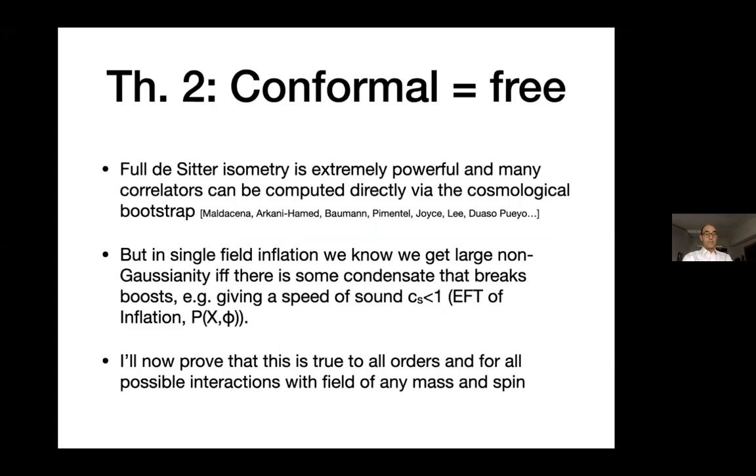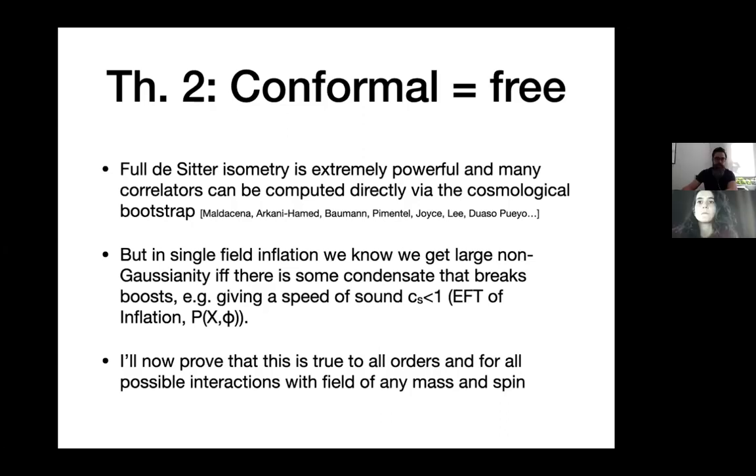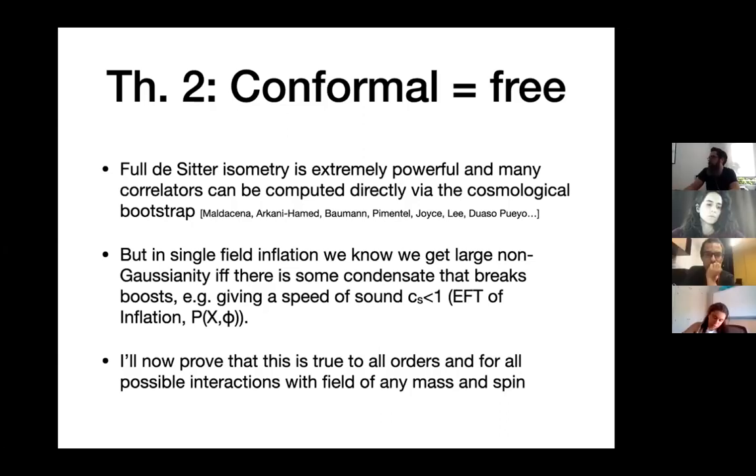Very good. Now that we have a definition of what we care about in single field inflation, we can move on to specifying some of its properties. Clearly a key player here are the de Sitter boosts, which are an extremely powerful set of symmetries that, when linearly realized on correlators, can lead to an extensive set of results just based on symmetries.